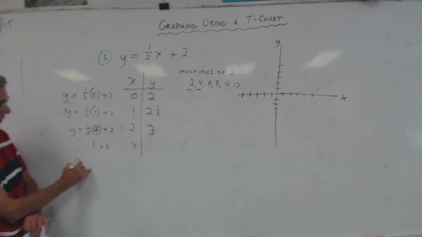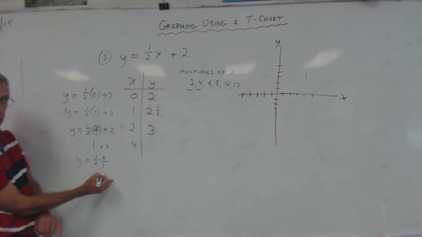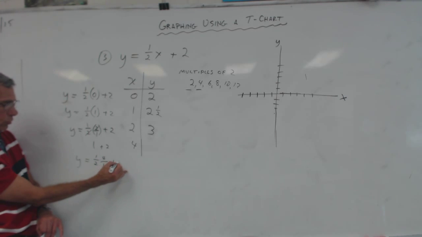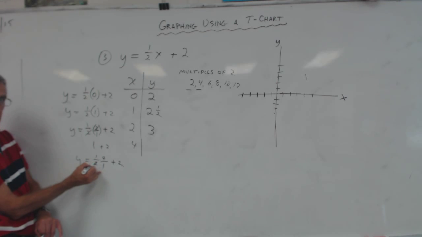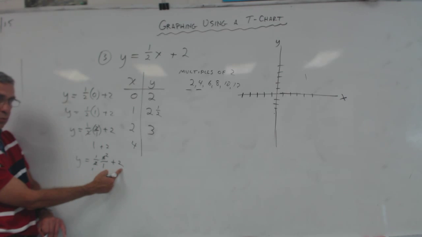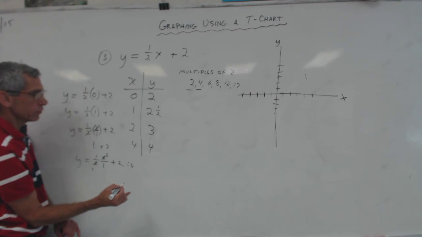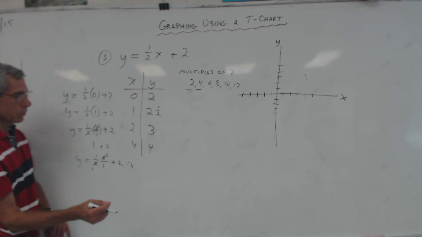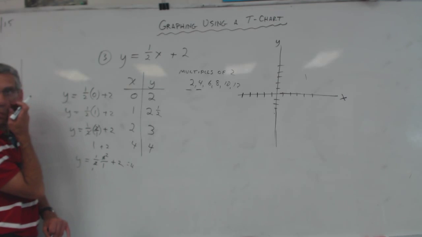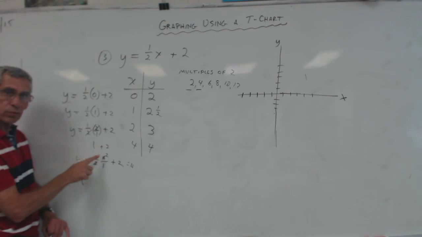Yeah, so watch. Y is equal to 1/2 times 4 over 1, right? Plus 2. Look what happens. 2 goes into 2 once. 2 goes into 4 twice. I have a 2 here. y is equal to 2 plus 2 is 4. I cross reduced.